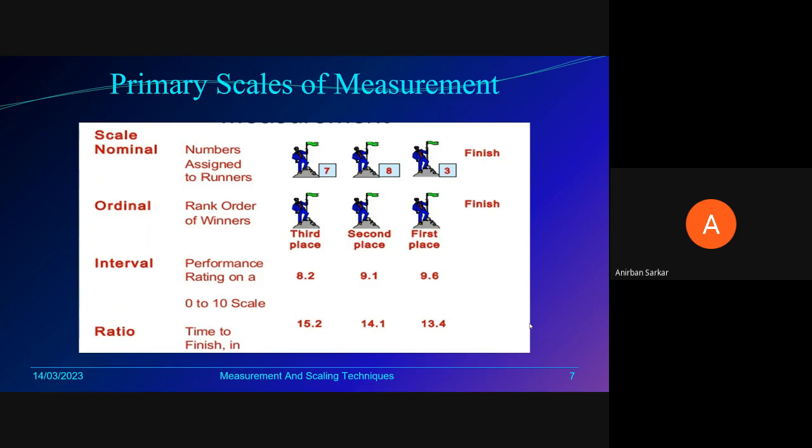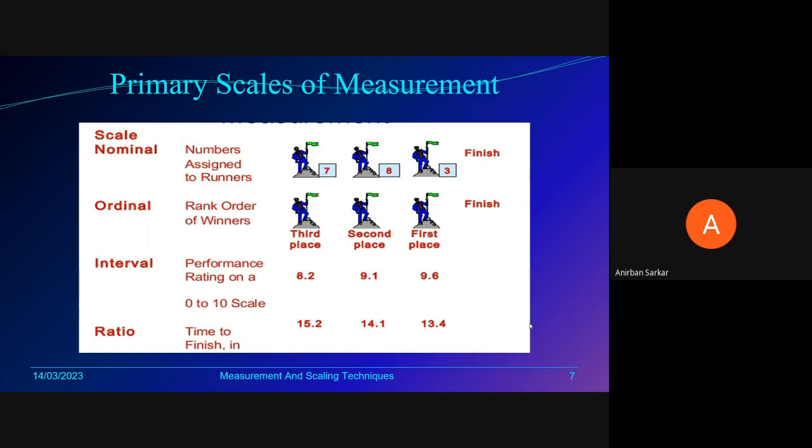You can very well understand that there is a difference between 9.6 and 9.1, and 9.1 and 8.2. So interval scale data has a characteristic which is called distance. Nominal scale data have a characteristic which is called description. Ordinal scale data have a characteristic which is called order.